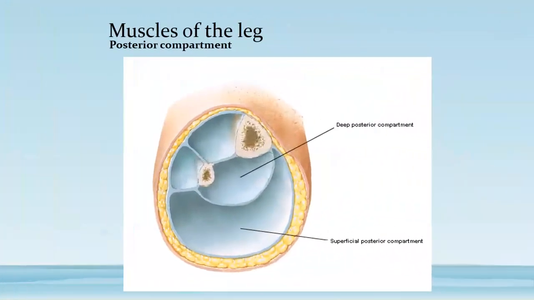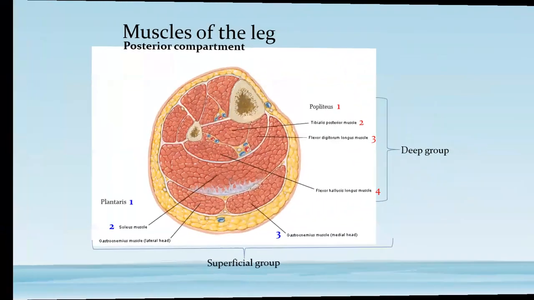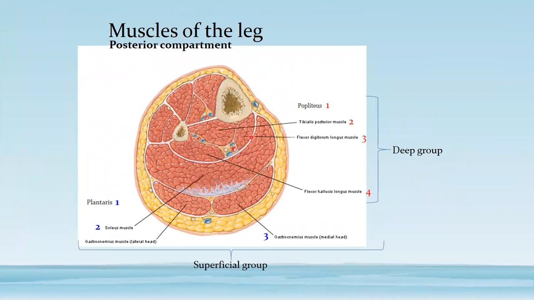Now we go to the posterior compartment. The posterior compartment of the leg can be divided into the deep posterior compartment and the superficial posterior compartment. Looking at the deep group of muscles, there are four.